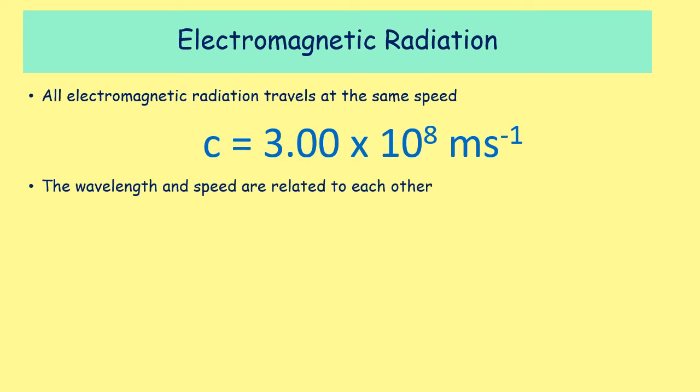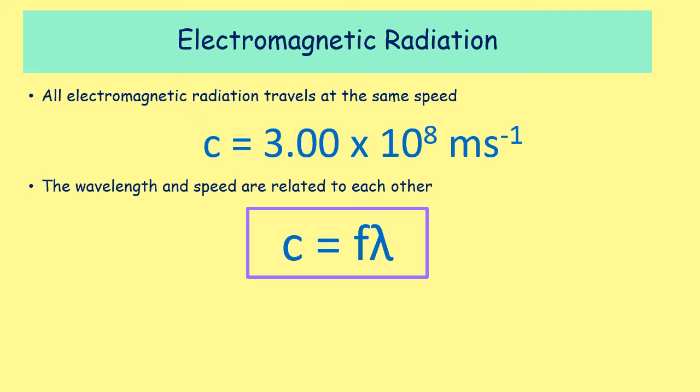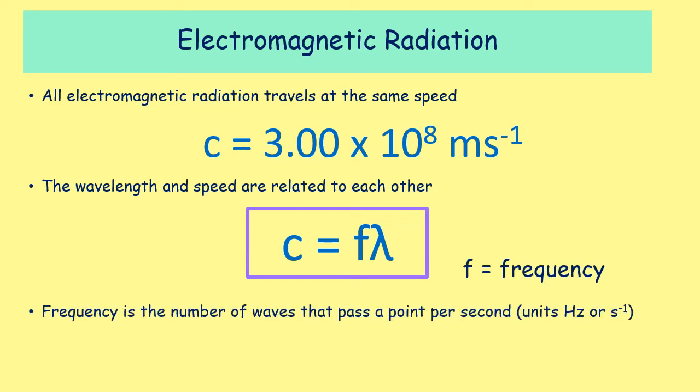Wavelength and speed are related to one another by this equation, where speed is equal to f lambda, where f is the frequency. And frequency is essentially the number of waves that pass through a point per second. Now, the units of frequency in physics will be hertz, but in chemistry you will often see it by just seconds to the minus 1.